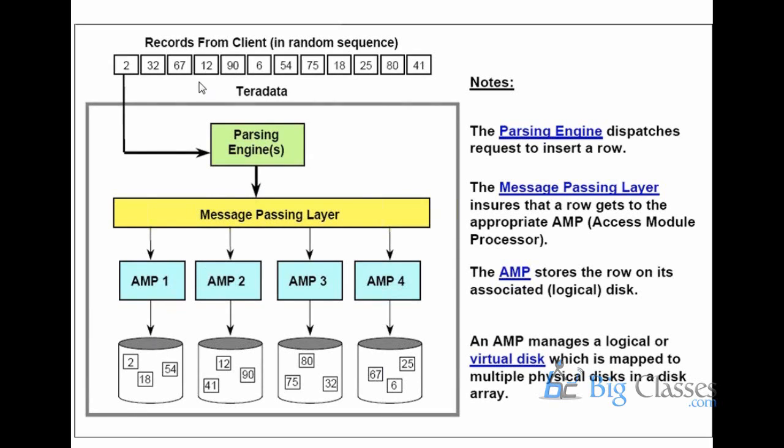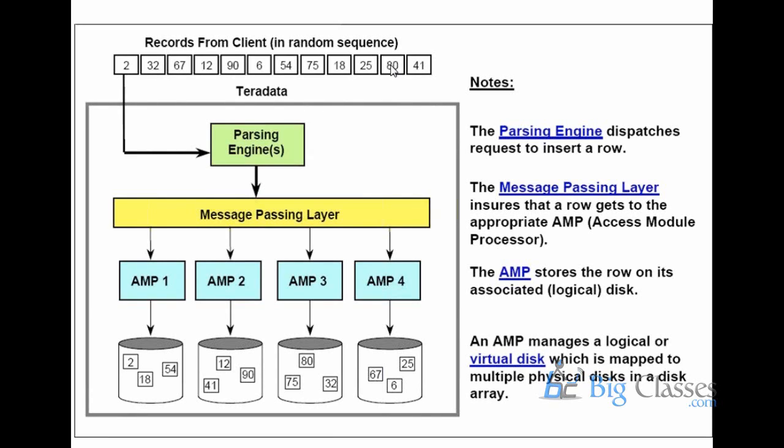As I said, the client is trying to insert n number of records into a table, and the parsing engine will distribute the data across the AMPs. The distribution mainly depends upon the primary index value. The primary index is the one which decides the distribution.